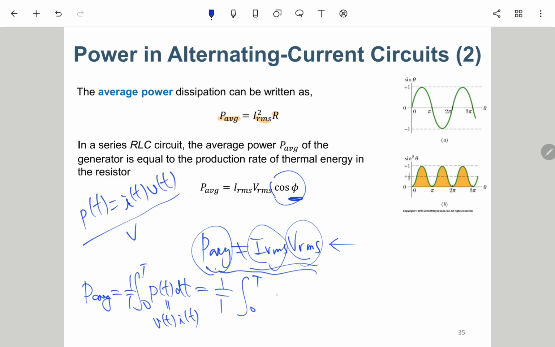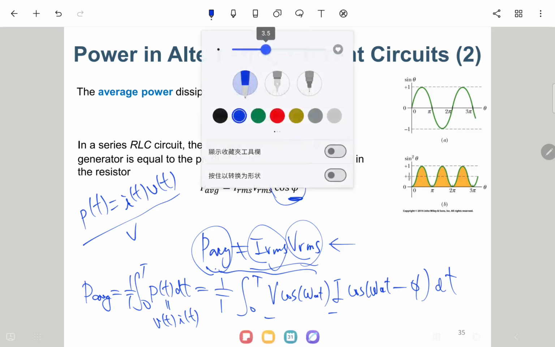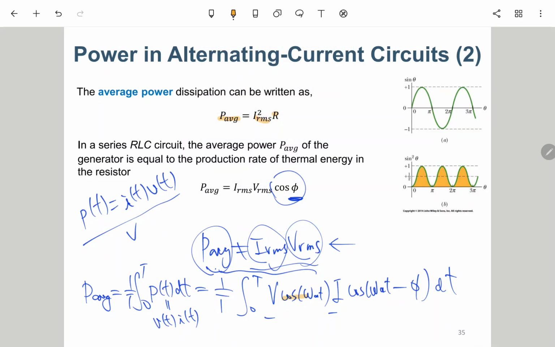So V of t will be V cosine of omega t, and then we also have I cosine of omega t minus phi. So V and I just go out, and the remaining stuff will be cosine of this thing times cosine of this thing, and then we do the integration.